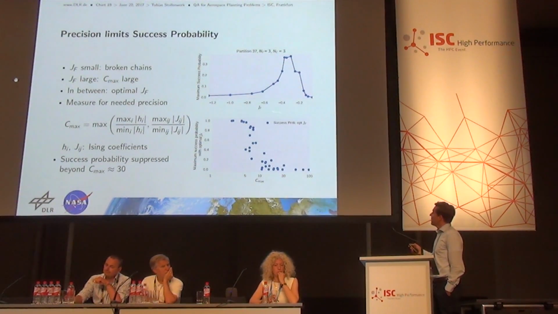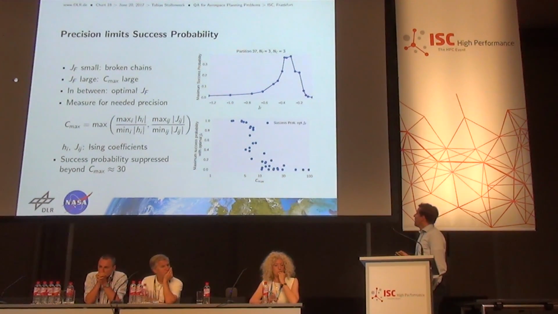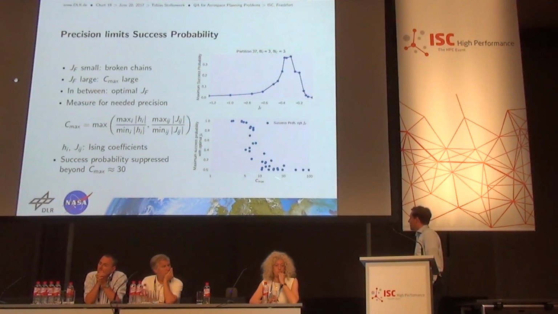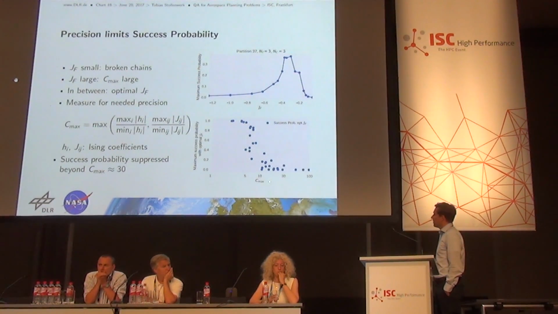So we varied this parameter and always found a maximum, which was problem dependent, and then we looked at this, the success probability against this coupling, and here we have this maximum success probability with an optimal JF coupling against a certain number, which is a measure for the precision needed on the machine.